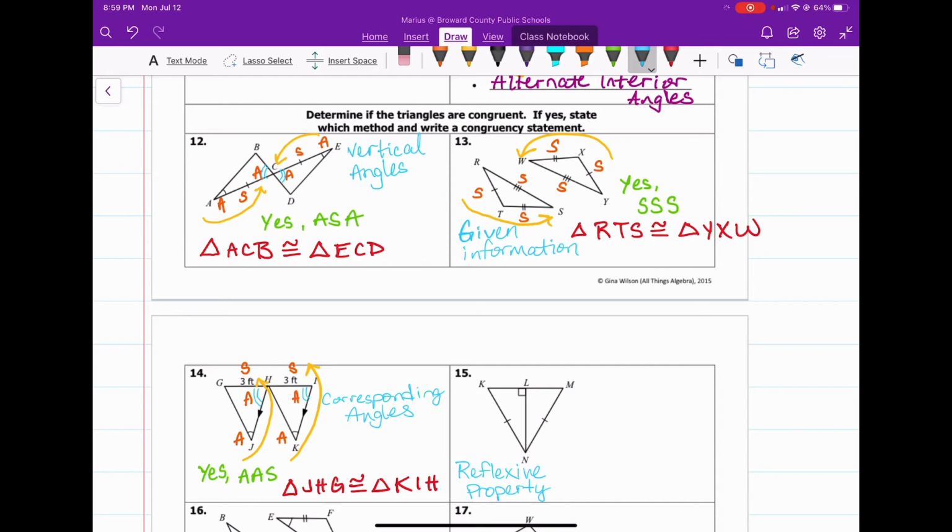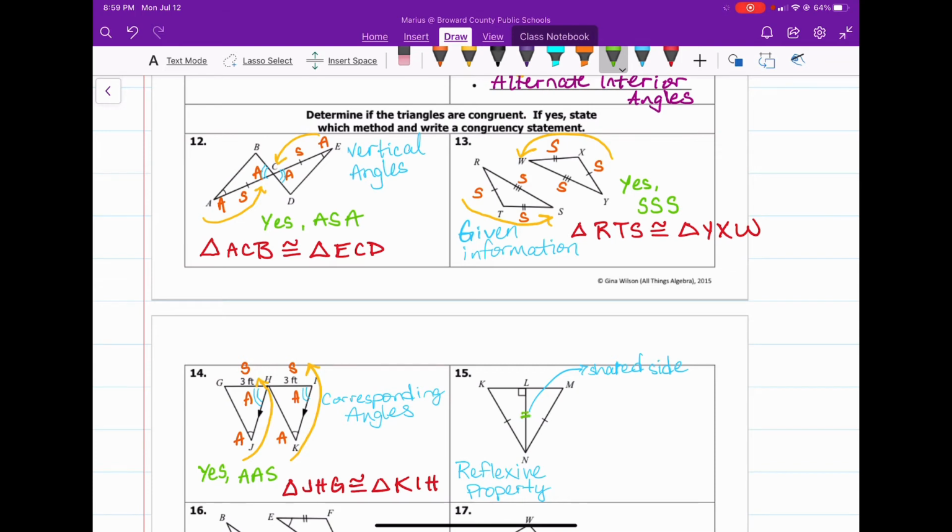So the shared side here is this side. Okay, this is our shared side. All right. Now, our shared side, and I don't know if y'all can make out, but that's an R right here. Okay. Our shared side is LN.